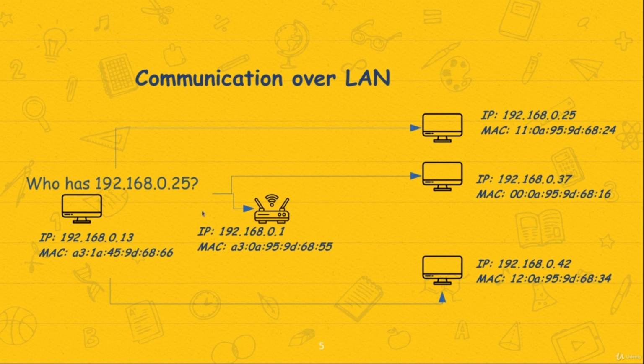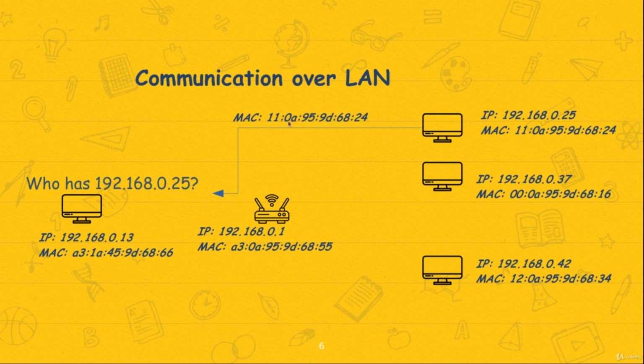As I already said, if you shout, for example, whose name is John, only John will reply because his name is John. Similarly, this device will now send back a response. This is called an ARP response, and it will say: I have a MAC address of this thing with this value.